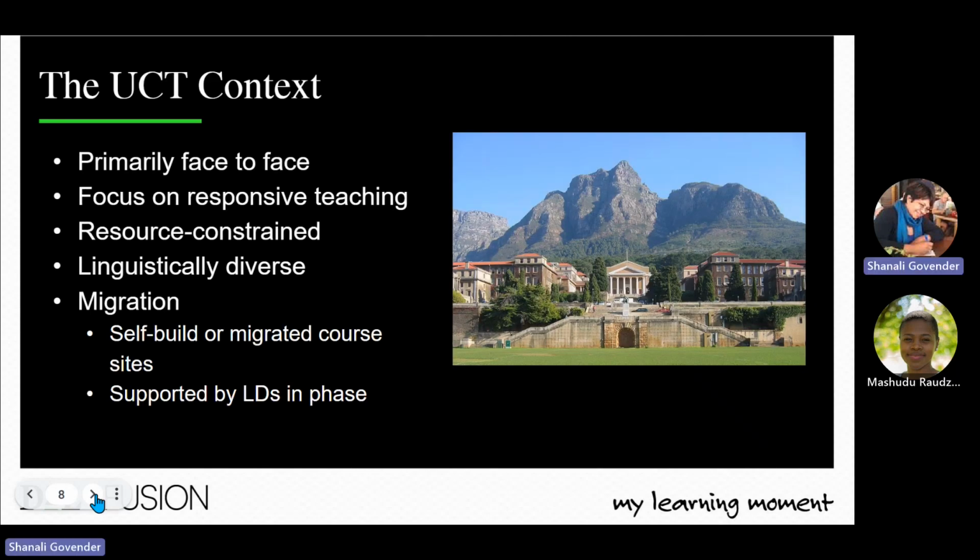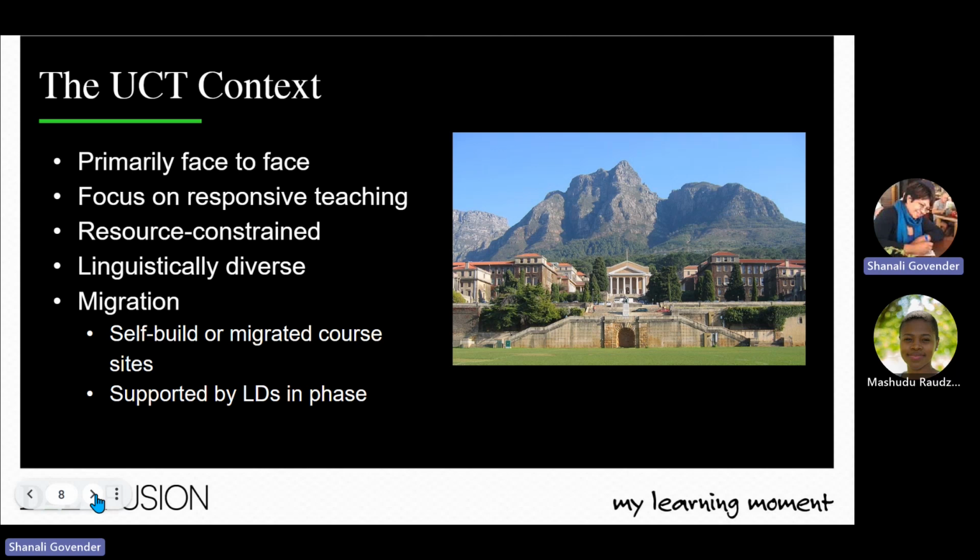Before I go any further, I'd like to talk a little bit about the context in which the University of Cape Town is located, so that the three design choices that we made that we want to talk to you about today make a little bit more sense. So the University of Cape Town is primarily a face-to-face institution, particularly at undergraduate level.